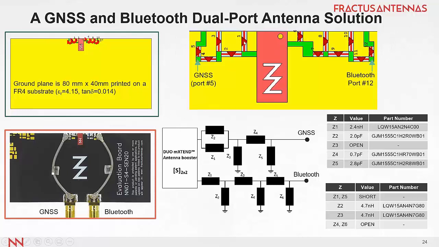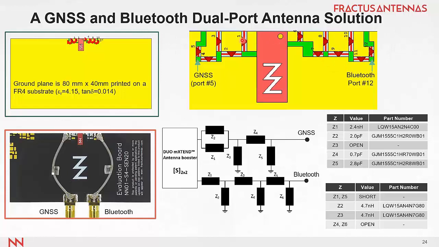And here is the layout. We have the pads for the matching. In this case, port number 5 is the feeding port for GNS. Port number 12 is the feeding port for Bluetooth, and the others are ports for series component, shunt, series, shunt.